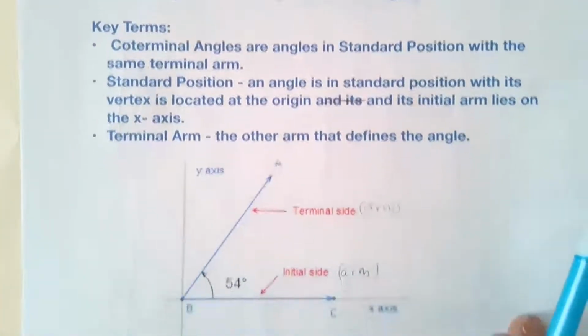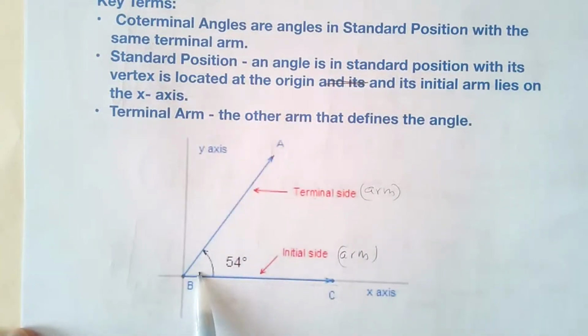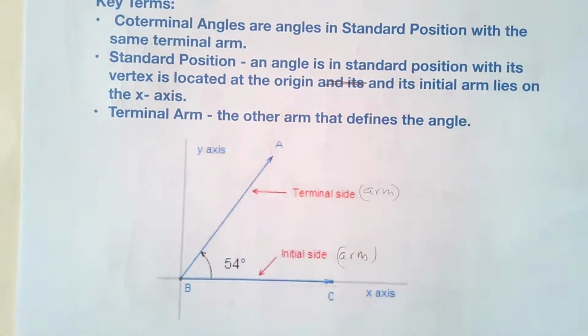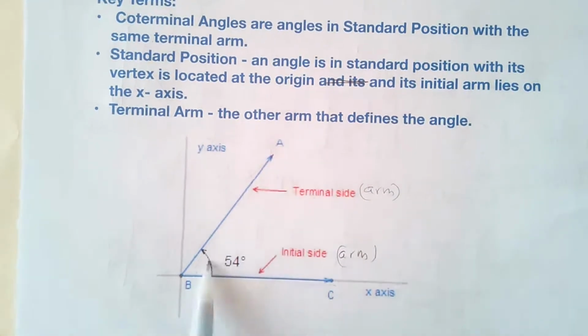The terminal arm refers to the arm that defines the angle, and the initial arm is where you start from.